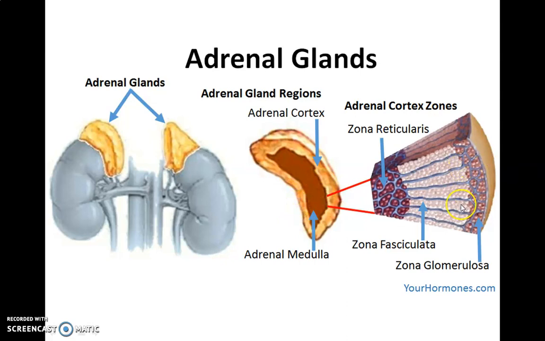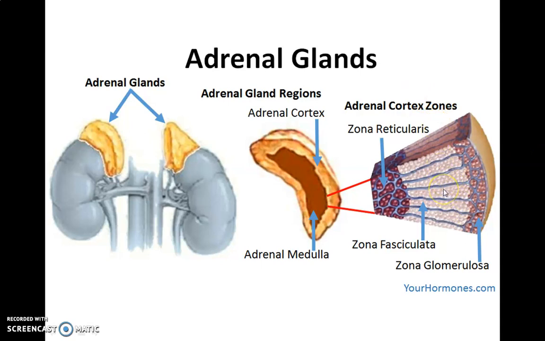Cortex is divided into three zones from outer to inner side. Zona glomerulosa secretes mineralocorticoids which regulate sodium and potassium balance of the body.